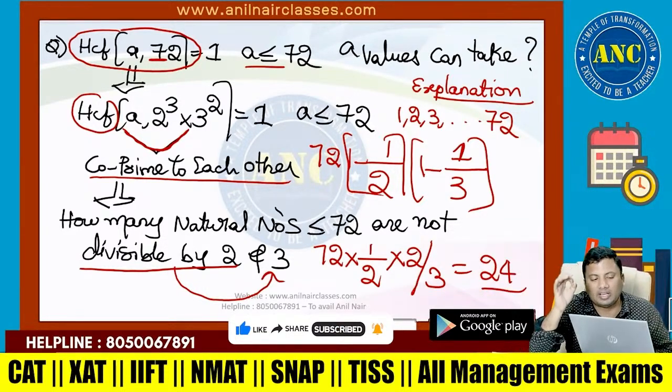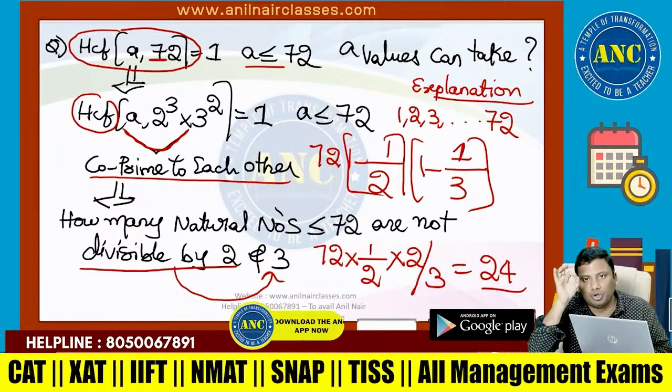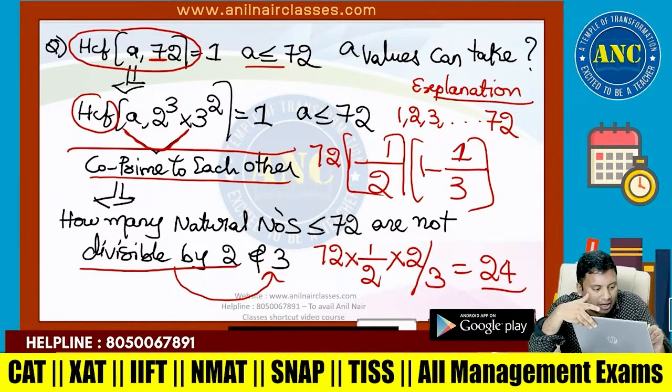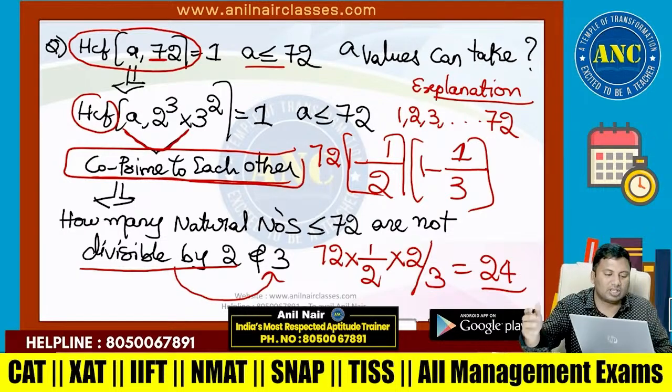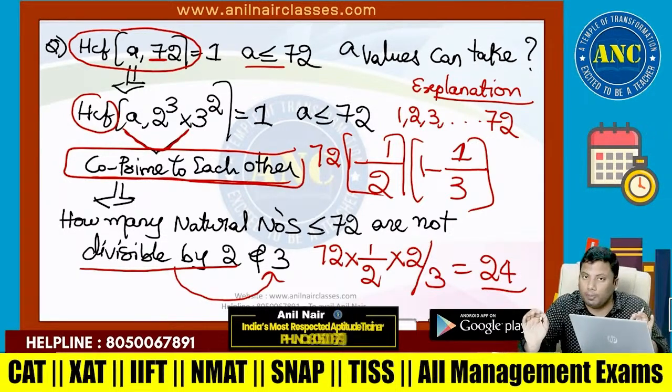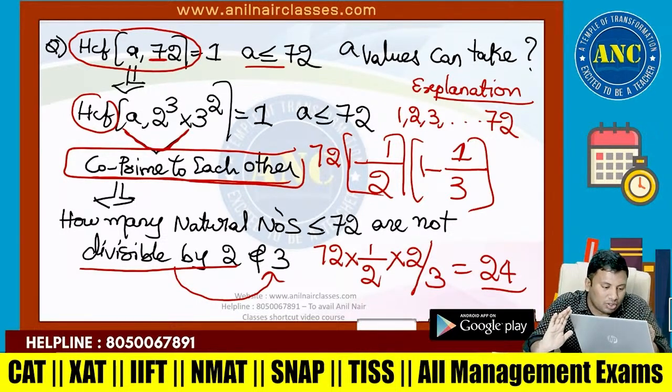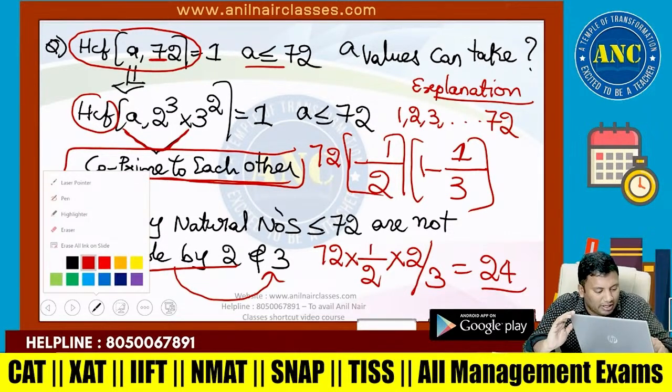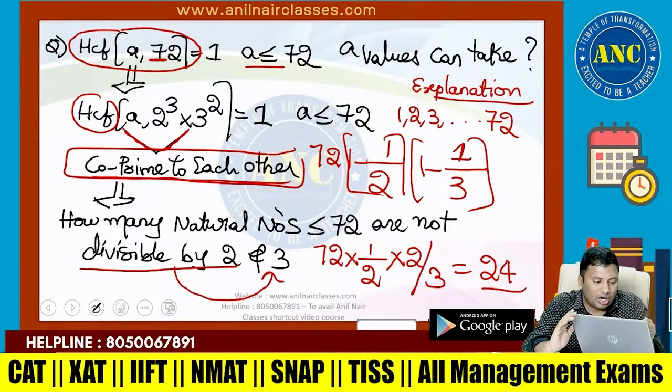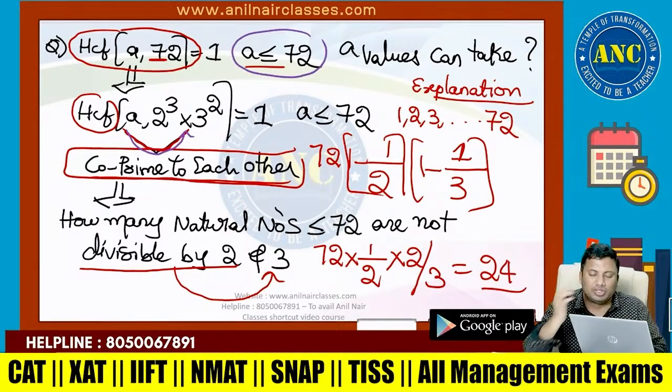If two numbers' HCF is 1, that means the two numbers are co-prime to each other. Co-prime means A should not be divisible by 2 and A should not be divisible by 3, because it is less than or equivalent to 72.